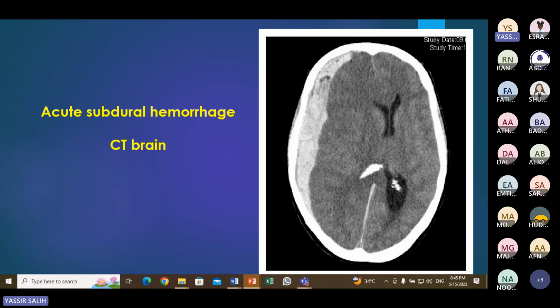What is the diagnosis? Acute subdural hemorrhage. Why subdural?